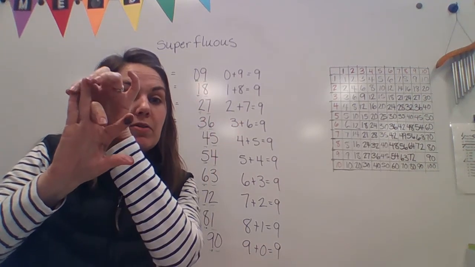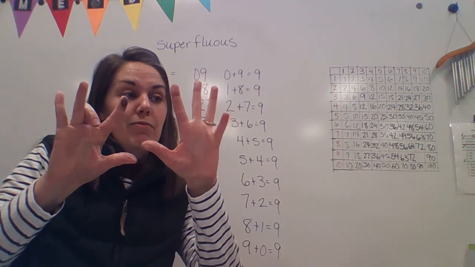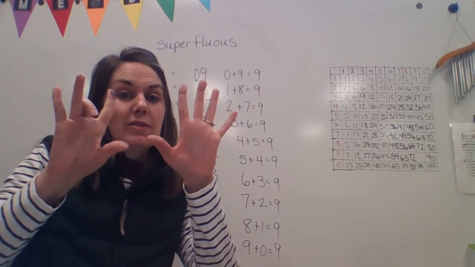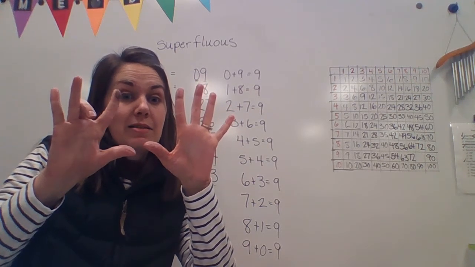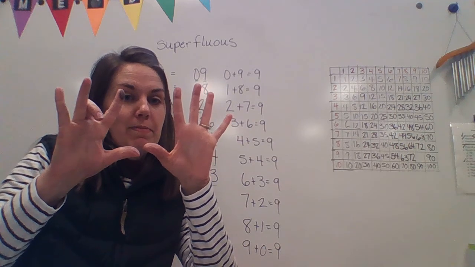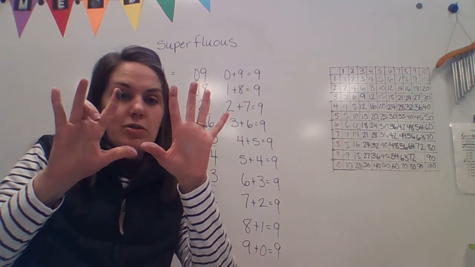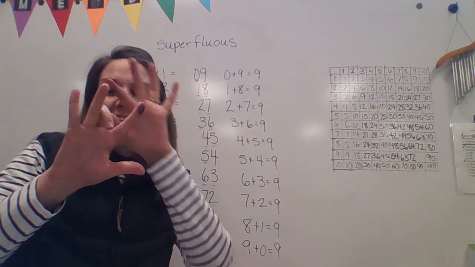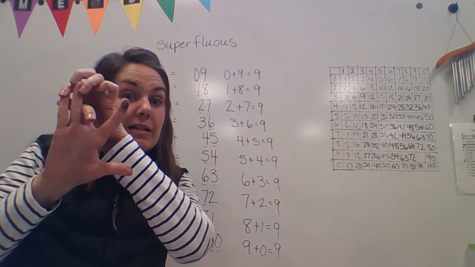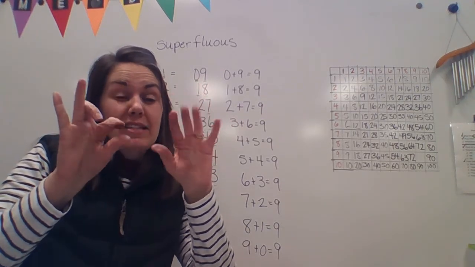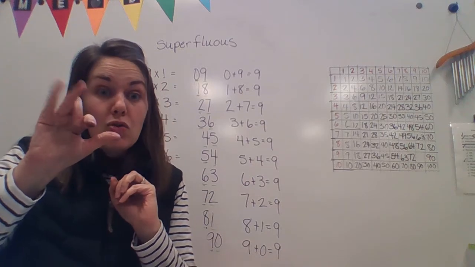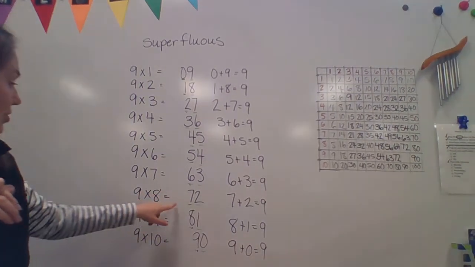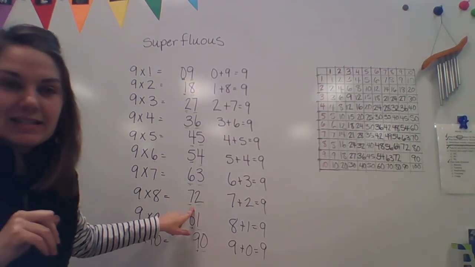The 2 fingers on the right-hand side are going to be my ones. So I have 7 tens, one of them really dirty from wiping off the whiteboard with my finger. Don't do that. Use your eraser. And then my 2 on my right side are going to be my ones. So I have 7 tens and 2 ones. That would be 72. 9 times 8 we see is 72.